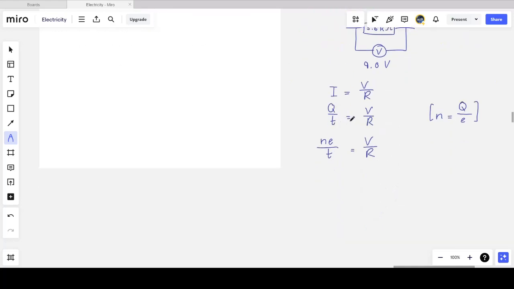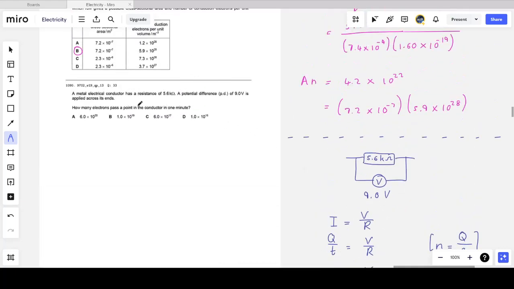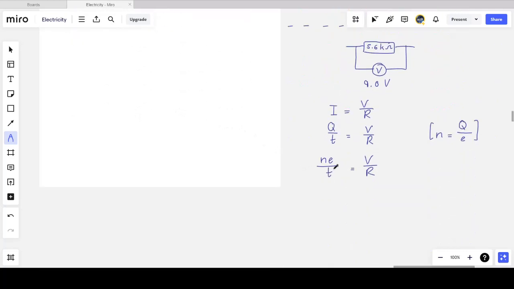And what I actually want in this question is the number of electrons, how many electrons are passing the conductor in a minute. So I want N over t. Number per unit time, number per second. And this is equal to V over eR.